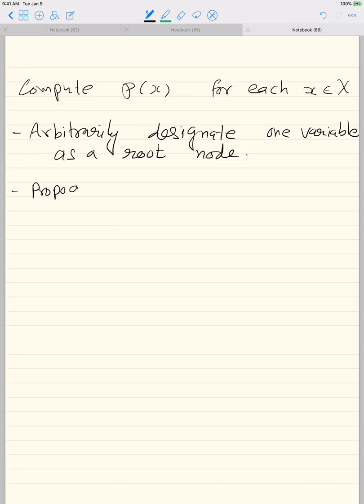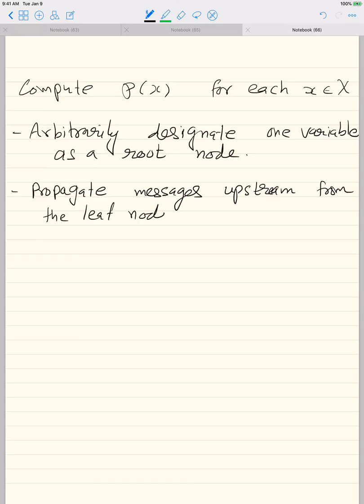We propagate upstream from the leaf nodes to the root node.